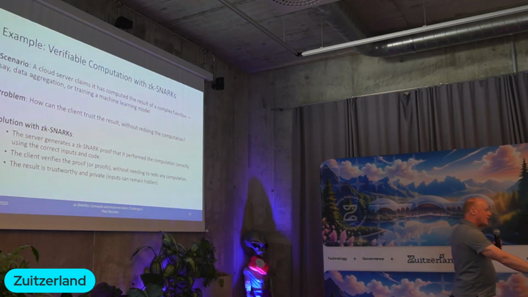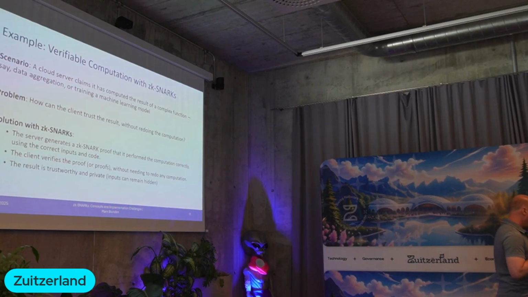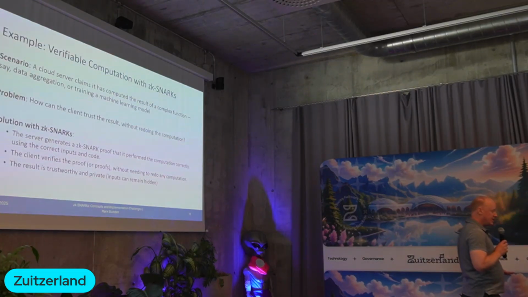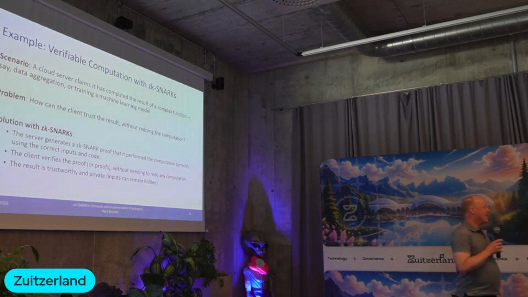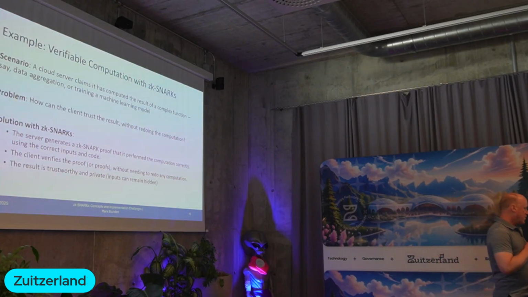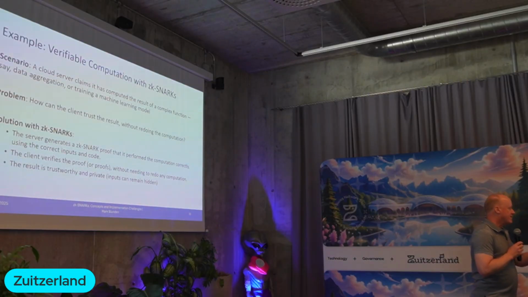So just to give an example with verifiable computation, we have a scenario here of a cloud server that performs some complex function. It could be some kind of data aggregation. It could be a machine learning training model. But the problem is, how do you, the receiver or the client, verify that the computation has been done correctly?